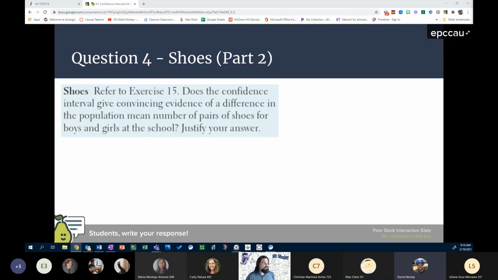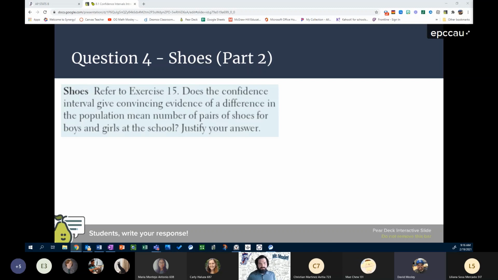Alrighty, we're going to talk about this. Think about this. We're trying to answer, does our interval give us reason to believe that there is a difference in the number of pairs of shoes owned between boys and girls? Whether girls have more pairs of shoes than boys on average, or boys have more than girls, is not necessarily what we're talking about. We're saying, is there a difference in the number of pairs owned?